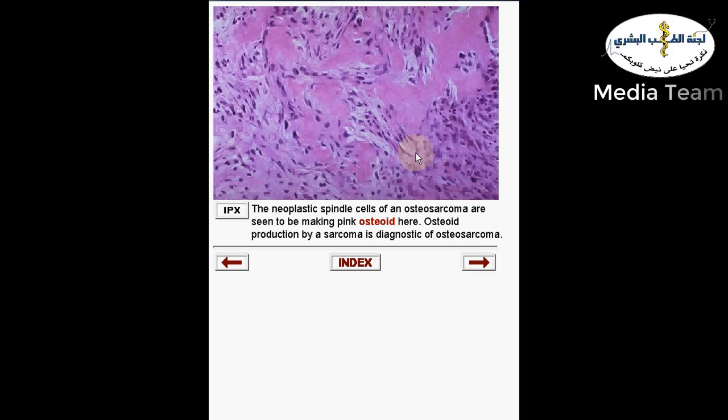We said we call it osteosarcoma because it deposits what? Malignant osteoid material. Here in this picture, it highlights the osteoid, the malignant osteoid. Most of the time, the malignant osteoid appears as lace-like deposits, pink in color, like you can see here, and these are irregular, immature bone trabeculae.